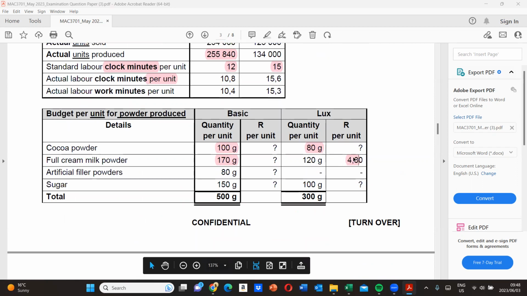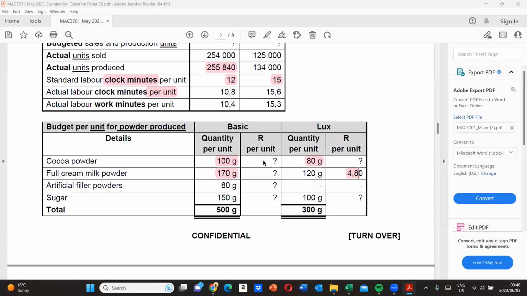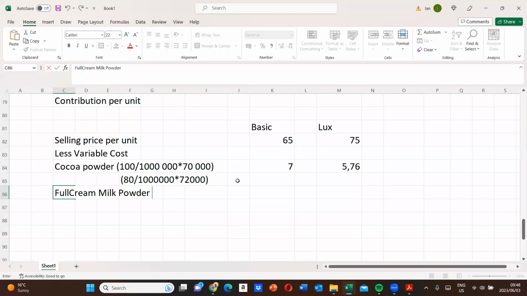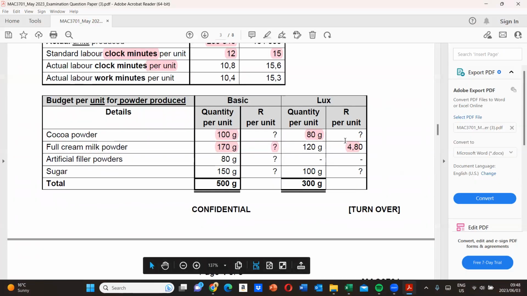So we can work out the ones for lax. Can you see? It cost us 480 per unit of lax, so for full cream milk powder we have 4.8. If we do the proportion, if 120 grams costs 480, what is the cost for 170?